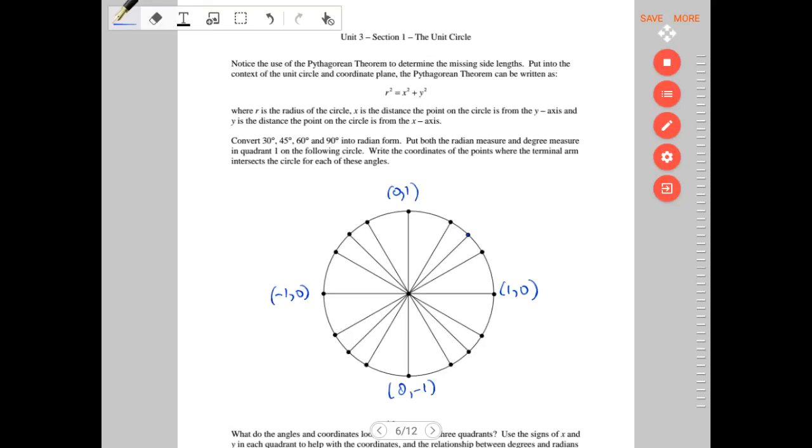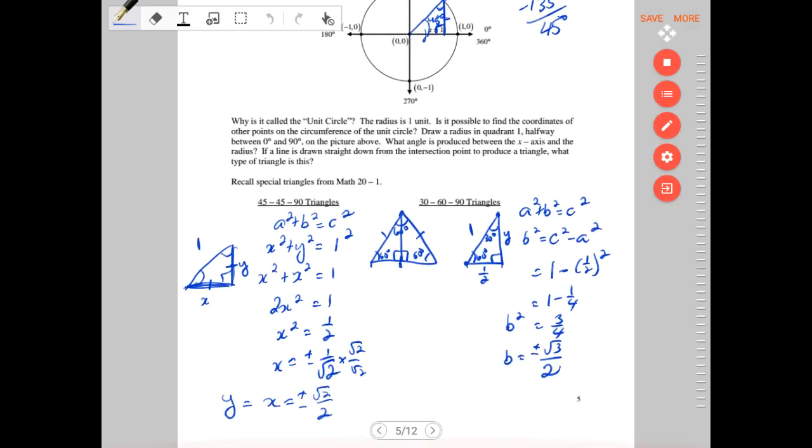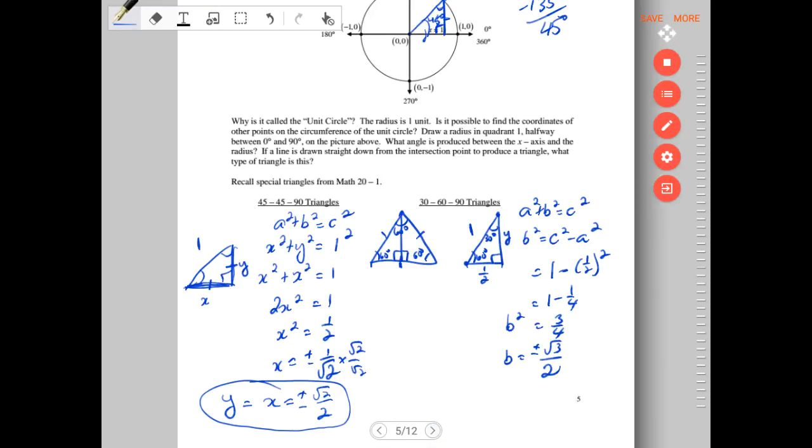That's our 45-degree angle. So what were the coordinates of it? Well, remember that x and y were both the same. So if you look at the previous page, x and y both equaled plus and minus root 2 over 2. Well, how do you determine whether they're positive or negative? Well, that's where the quadrant comes in.